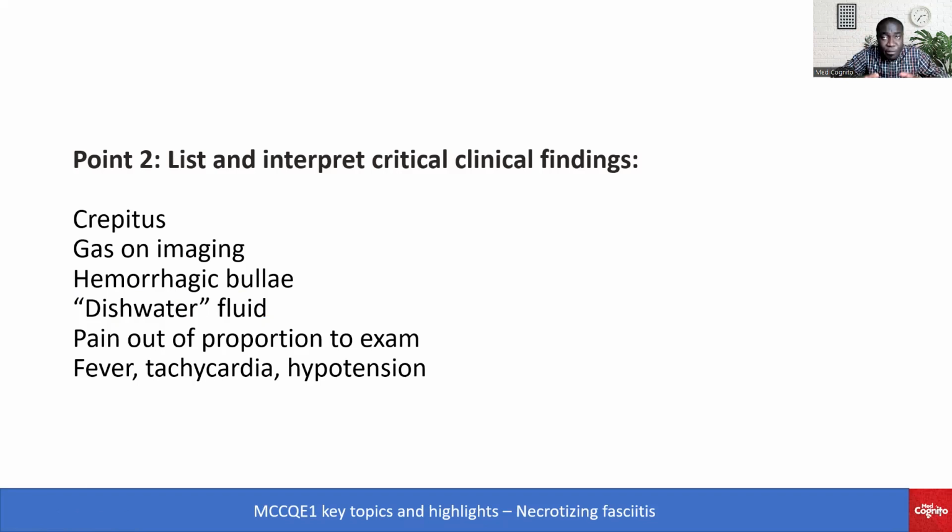At times, if there is some fluid coming out, people describe it as dirty fluid or dishwasher fluid, okay? And usually, if you should touch it, you realize that the patient is experiencing pain out of proportion. So you go like, this is a very benign thing, but the patient is in a lot of pain. And the patient may have fever, tachycardia, and hypotension. So you realize that the vital signs are very important: fever, tachycardia, hypotension, and then pain out of proportion and a kind of fluid which is coming out, as well as are there any bullae on there.